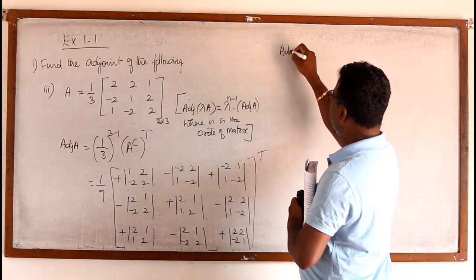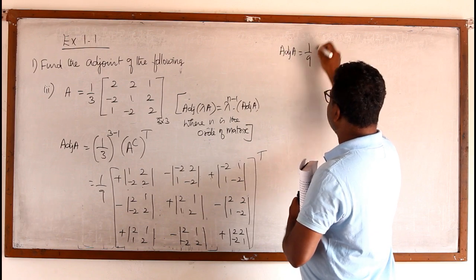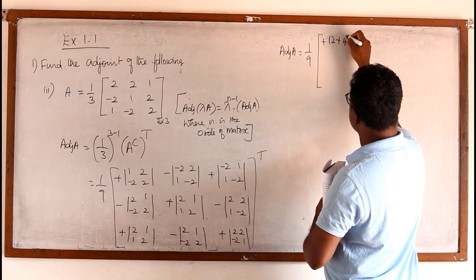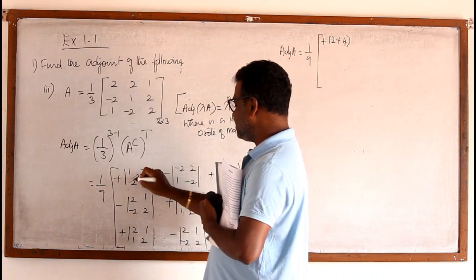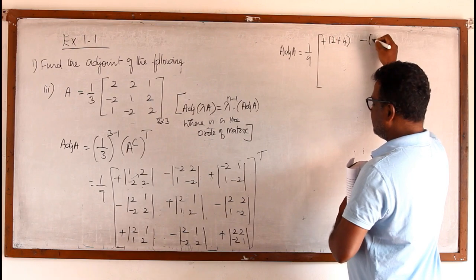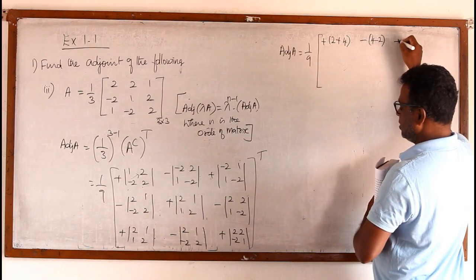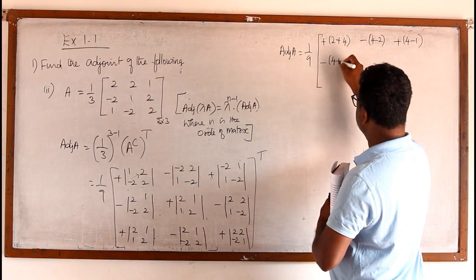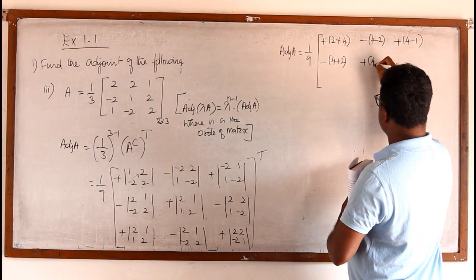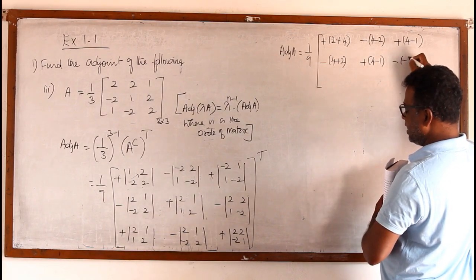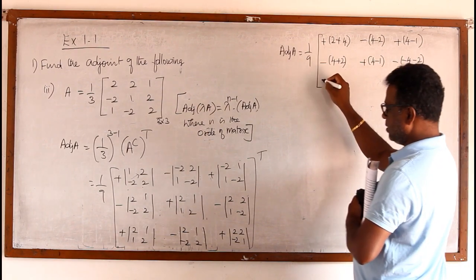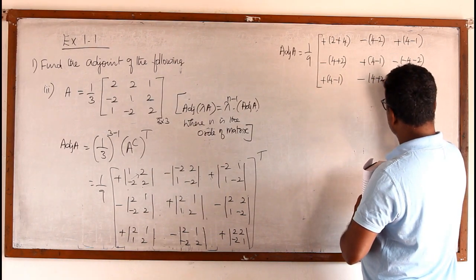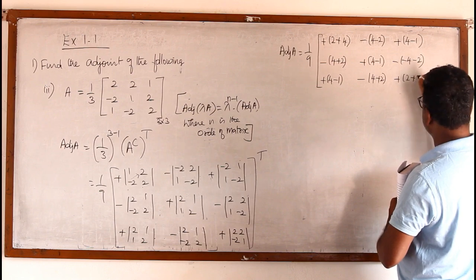So adjoint of A equals 1 by 9 into, simplifying this, plus 2 plus 4. While multiplying these two, we must change the sign. Minus 4 minus 2 plus 4 minus 1. Then it is minus 4 plus 2, 4 minus 1, minus 4 minus 2, 4 minus 1, minus 4 plus 2, 2 plus 4.